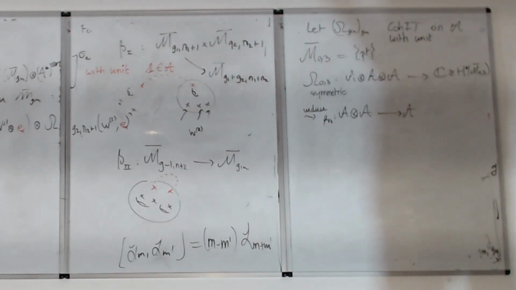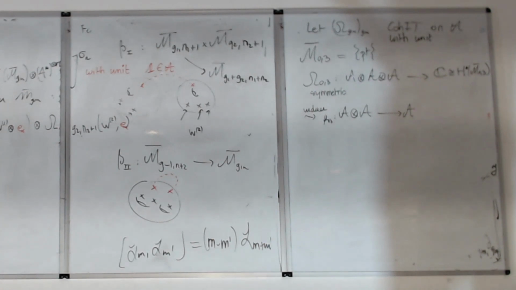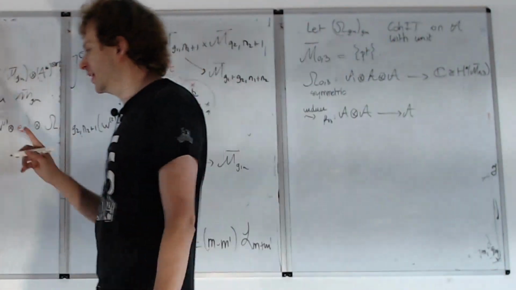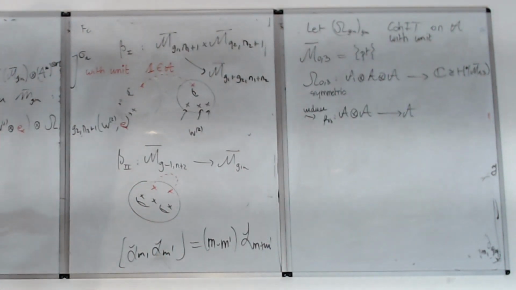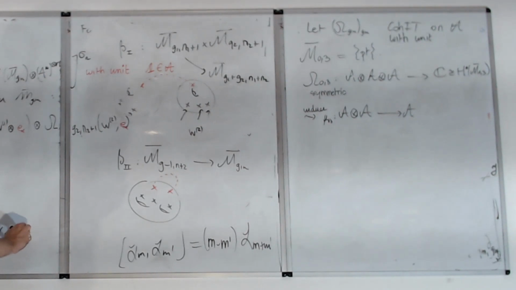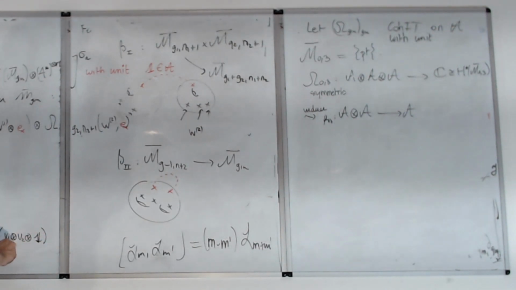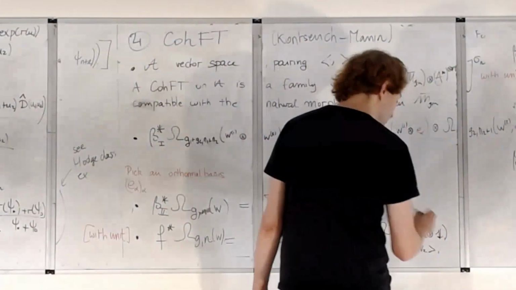If you had a co-FT with a unit, you already need another axiom, which is that omega_{0,3}... That's true because we don't have moduli spaces which are unstable. Yes. So if you have a unit, you need in addition that omega_{0,3} of V1 tensor V2 tensor 1 is going to be the pairing of V1 and V2. Yeah, thank you.